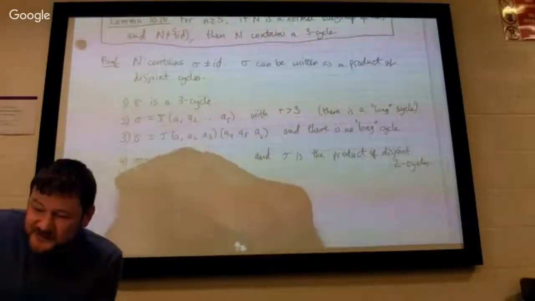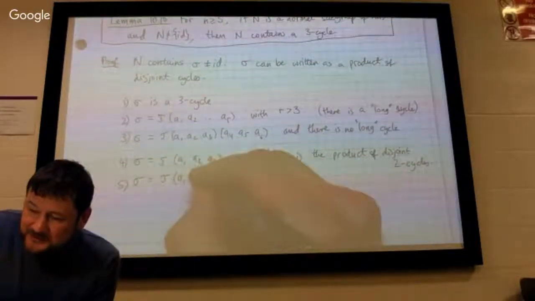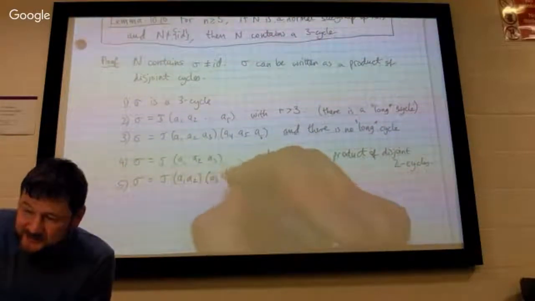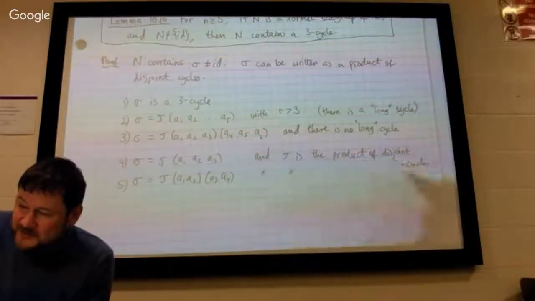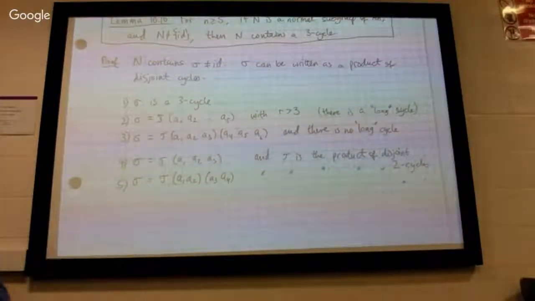And the fifth option is that sigma is (A1, A2, A3, A4), and tau is the product of disjoint 2-cycles. And that's everything. That's exhaustive now.